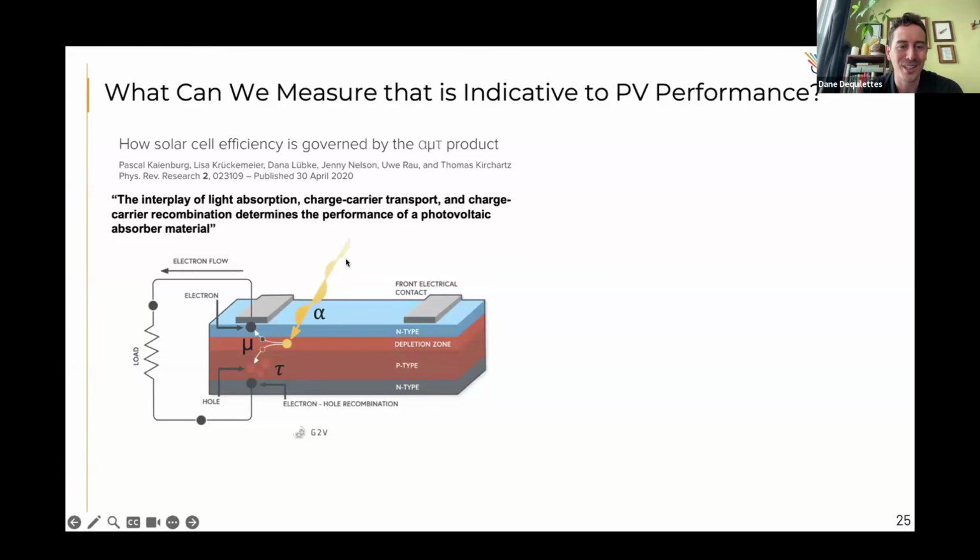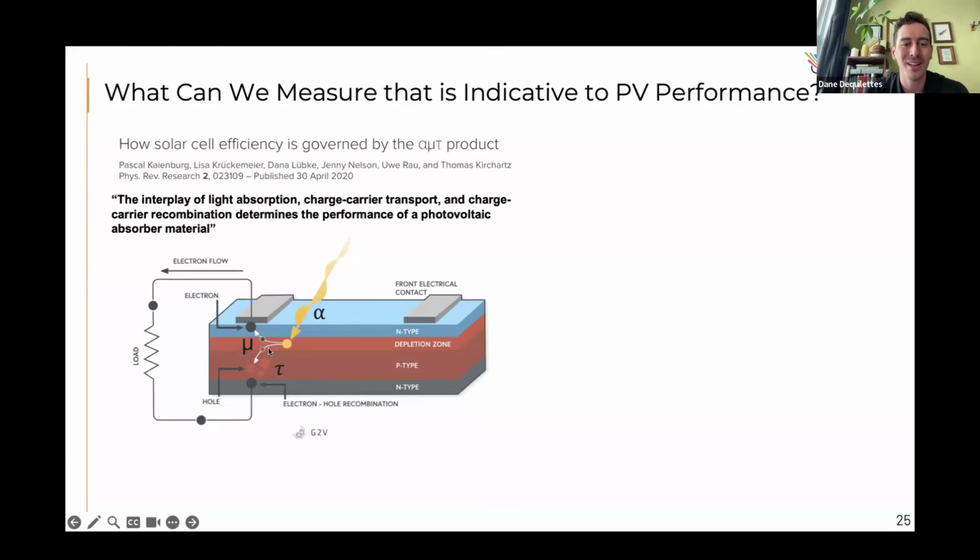So alpha is related to absorption within the PV cell. This is our absorption coefficient. It determines the generation rate within the cell, but also at what depth light is absorbed. Then once you create electron and hole pairs, and eventually you want those to reach the electrodes, those are moving within the material at some mobility, in centimeters squared per volt second.